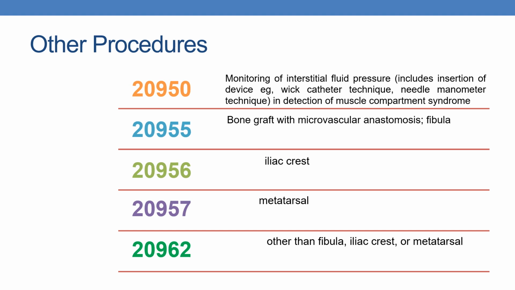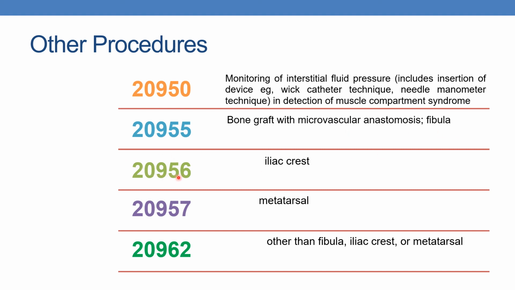The next codes are other procedures. The first CPT is 20950, monitoring of interstitial fluid pressure, including insertion of device, for example wick catheter technique, needle manometer technique, in detection of muscle compartment syndrome. Next is 20955, bone graft with microvascular anastomosis, fibula.